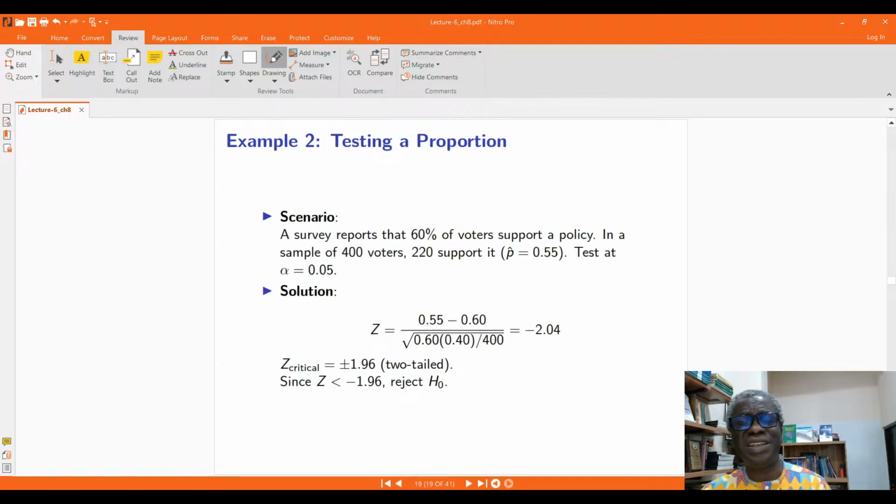So let's take an example regarding testing for population proportion. In this example, we consider a survey that reports that 60% of voters support a policy.